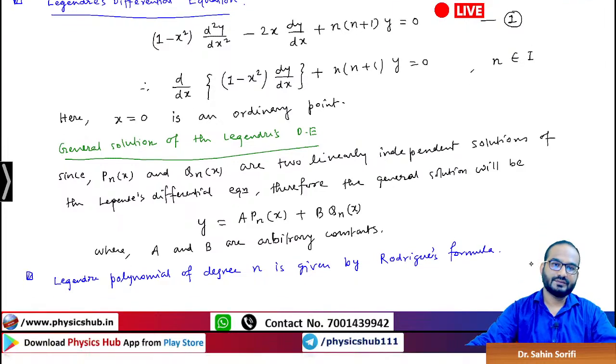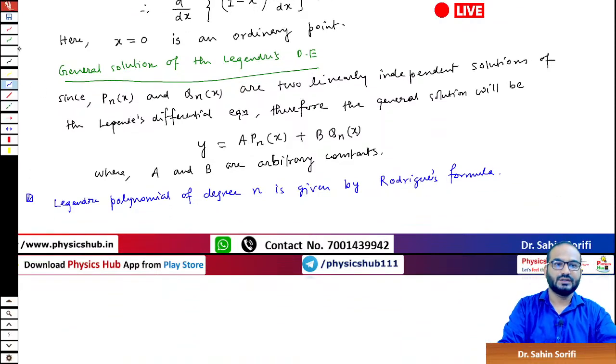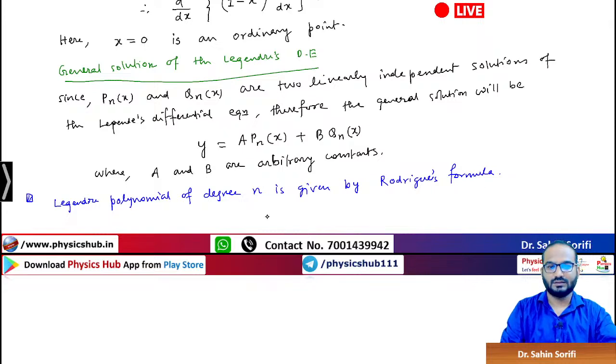You need to remember this Rodrigues formula. What is this Rodrigues formula? The Rodrigues formula is like a generator of the Legendre polynomial, or Legendre polynomial of degree n, Pn of x.